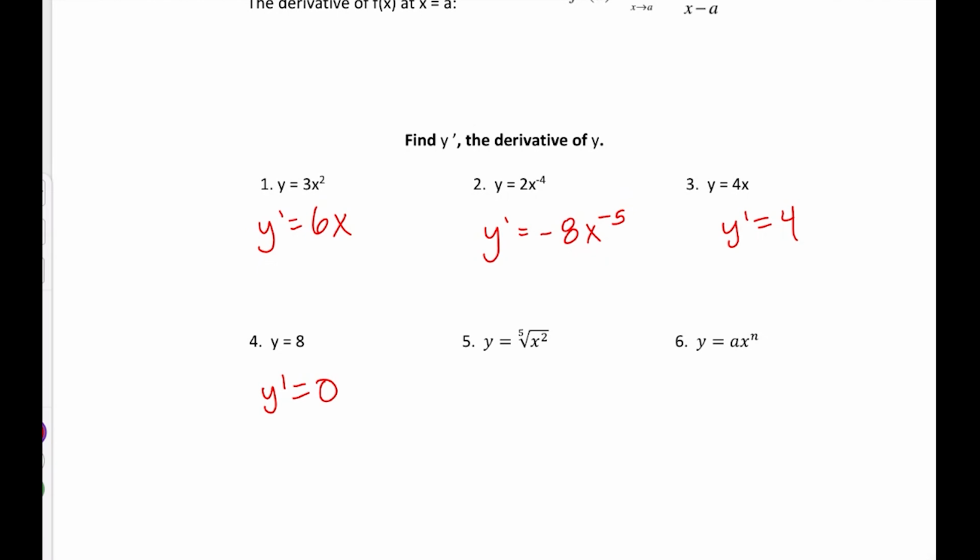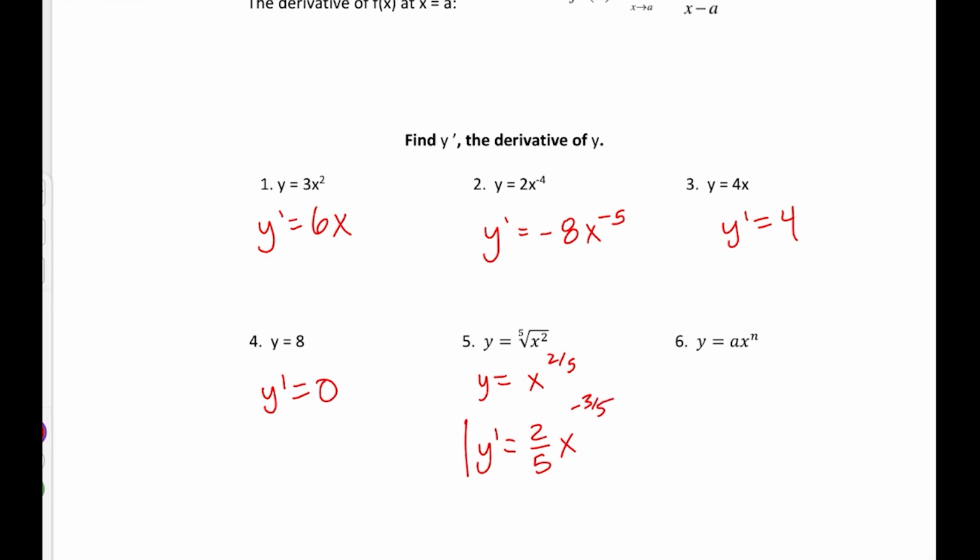Now, if you have something like this 5th root, sometimes it's easier to rewrite it as an exponent. So this would be x to the 2/5. If we differentiate that using the power rule, bring that 2/5 down. 2/5 minus 1 is negative 3/5.